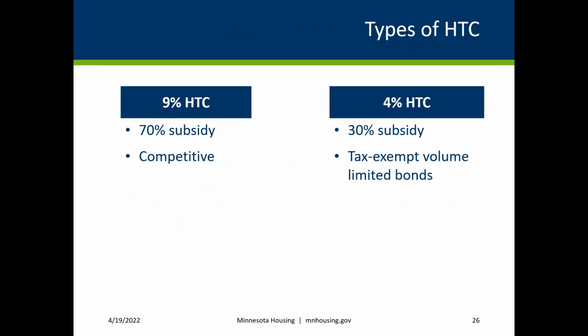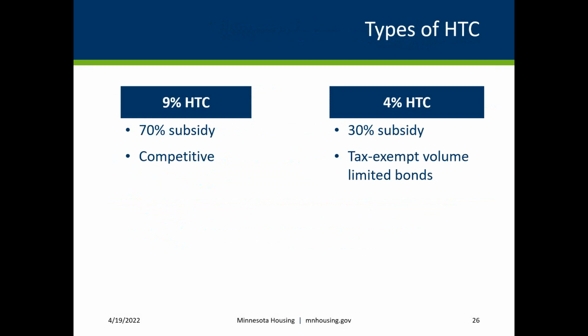Requests for 9% credits are typically 3 or 4 times greater than the amount of credits available. Projects that have received an allocation of tax-exempt volume limited bonds from Minnesota Management and Budget, or MMB, may apply for 4% HTCs through a pipeline process called the 4% only.